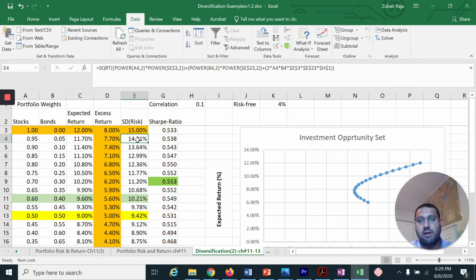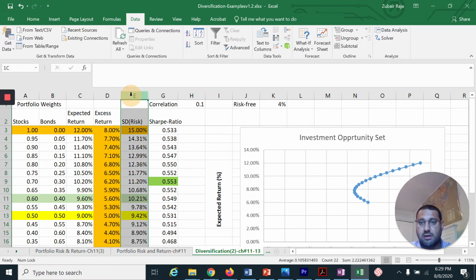So this is how I found the standard deviation based on different weights. So this E column is giving you the standard deviation, right?